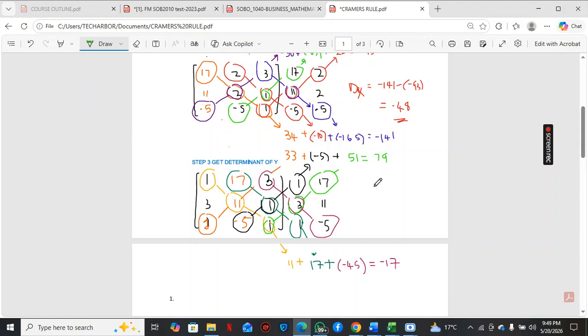So our determinant of y, dy, okay, remember colleagues, always the bottom number comes first, because you might make a mistake if you put the top number first. So you're going to say negative 17 minus 79.